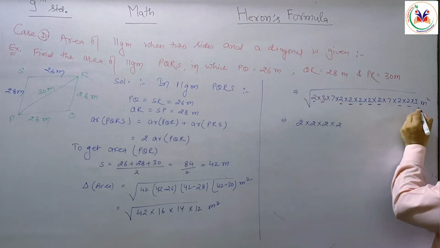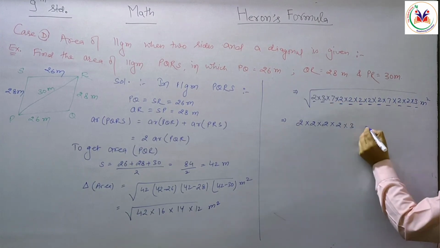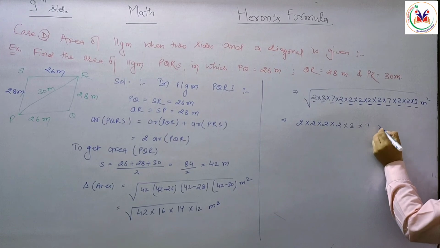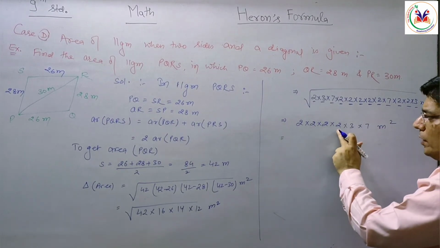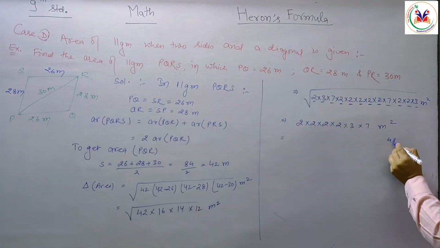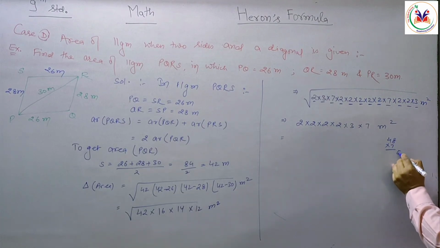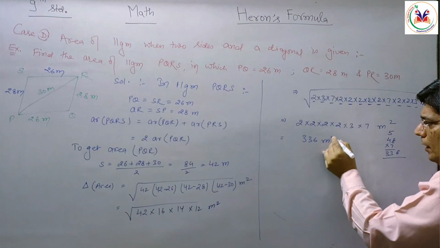Now 3 we get 2 times, so we write it once. 7 also 2 times, so we write it once. 2 to the 4 is 16, 16 into 3 is 48, and 48 into 7 is 336 meter square.